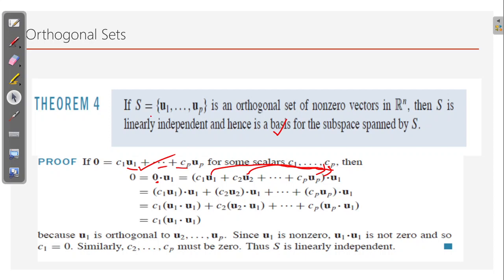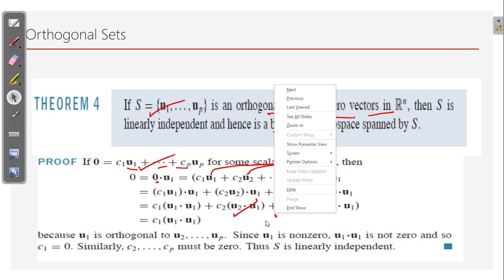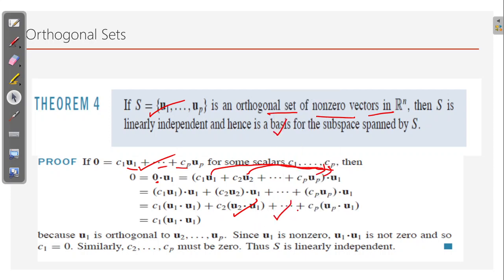Now the set S is an orthogonal set of non-zero vectors in Rn. That means for distinct vectors the inner product will be 0. So u2 dot u1, u3 dot u1, u4 dot u1, etc., up dot u1 all will be 0.